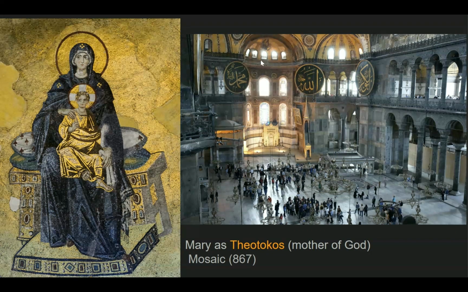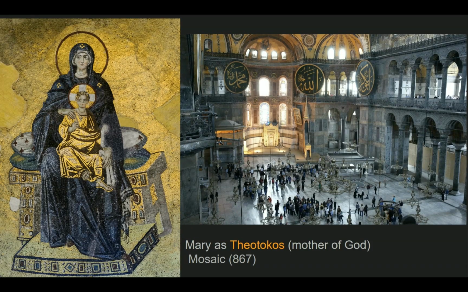And so here's that Mary as Theotokos that I was talking about, where you walk in, and this is one of the first ones that you see. Here's the apse over this way. So this is one of the minor areas. But here we have Mary as Theotokos. Theotokos is her role as Mother of God.